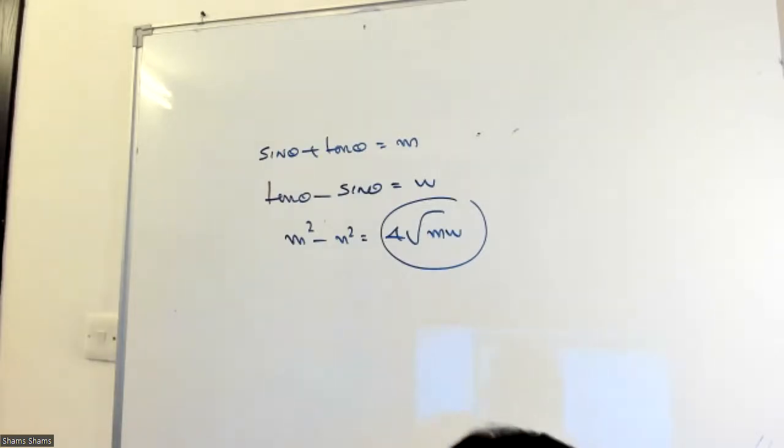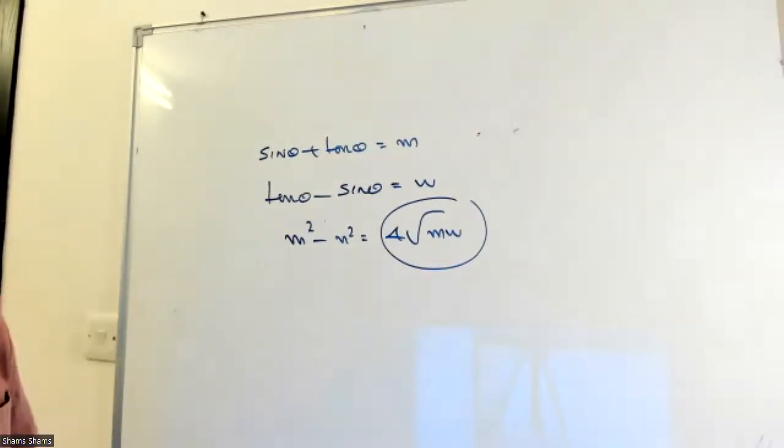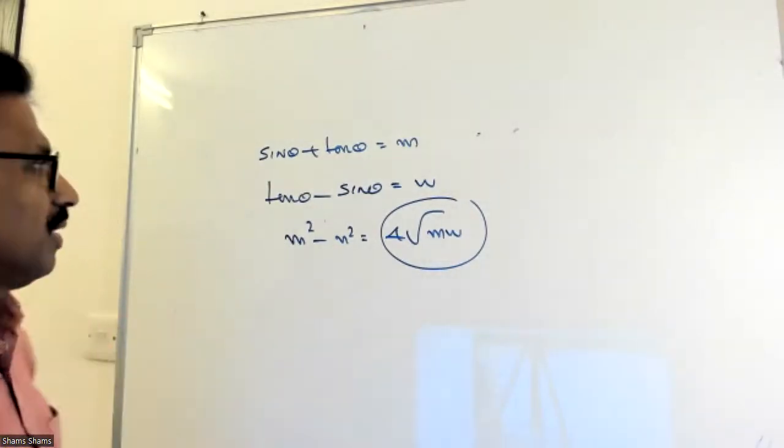You got M square minus N square is minus 2A? Wrong. That means you have no idea about A plus B whole square.